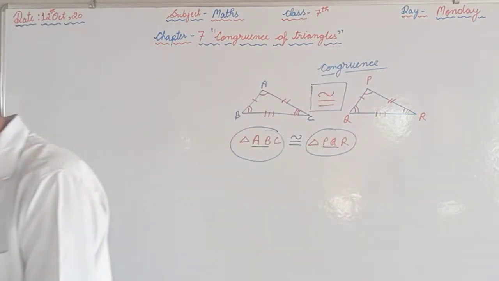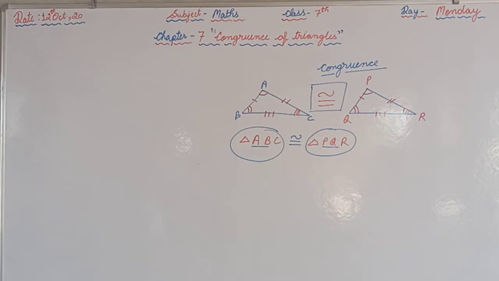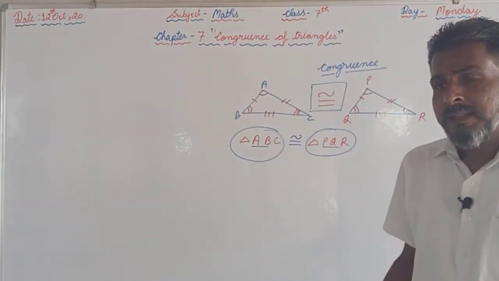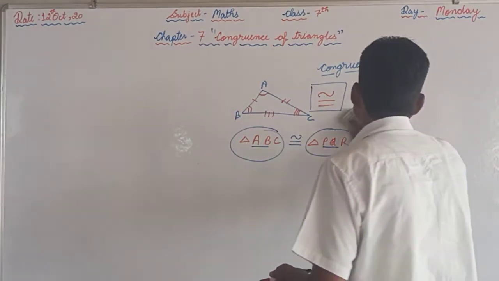At the same time, if two triangles are congruent, and we are supposed to tell that the triangles are congruent, then some criteria are there. So we are supposed to know those criteria as well. I think 5 criteria are there. We will discuss one by one.